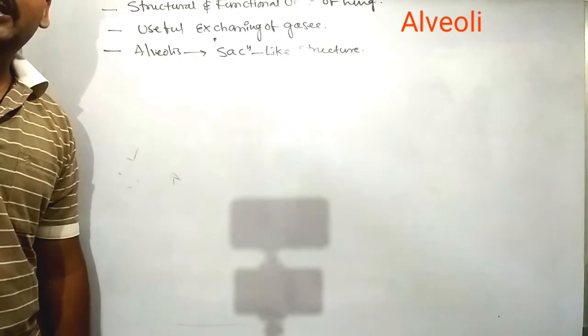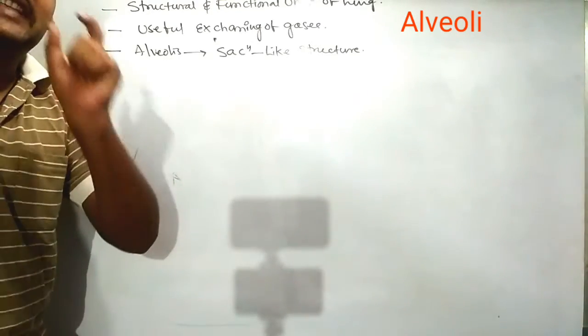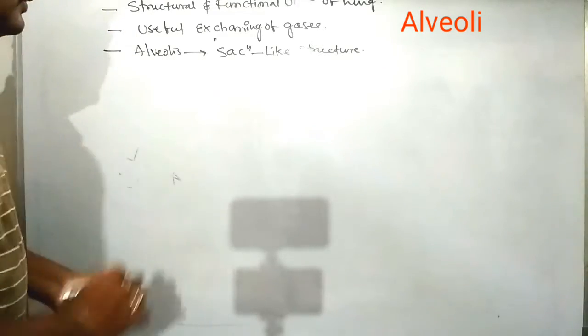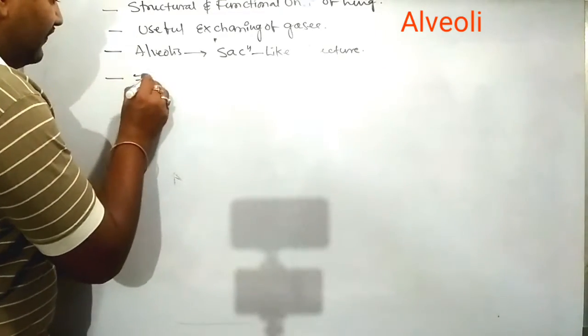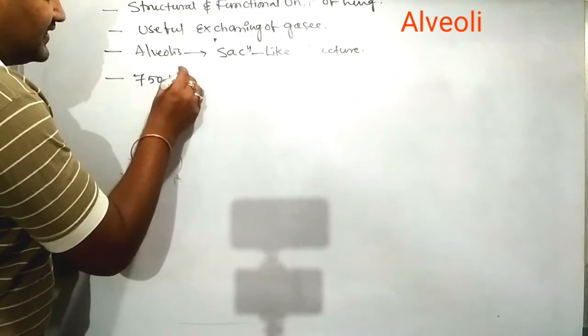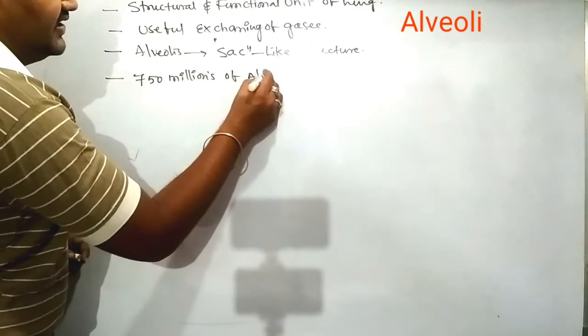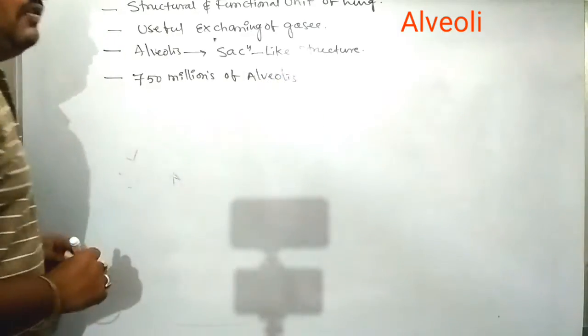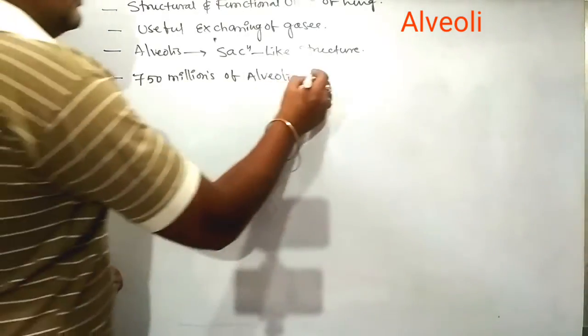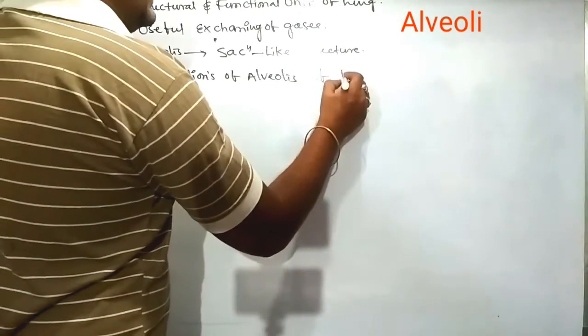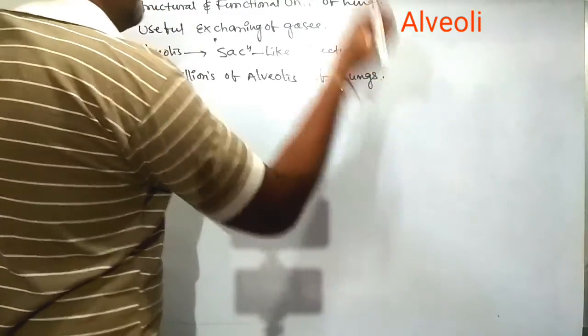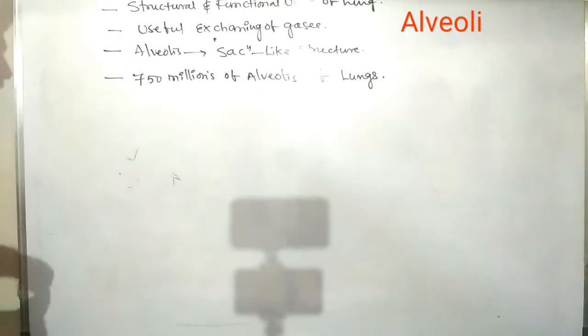Approximately 750 million alveoli are present in the lungs. Okay, now the structure of the alveoli.